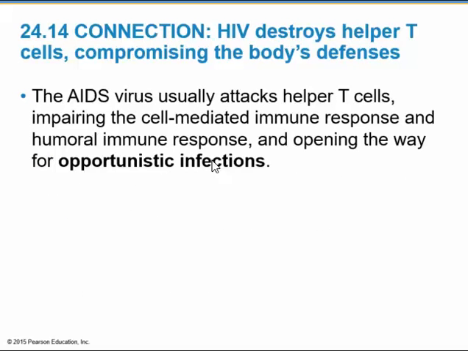Now, the virus that causes AIDS attacks helper T cells. And what happens, it impairs the cell-mediated immune response, it impairs the humoral response. What typically kills the person with AIDS is not the HIV, but opportunistic infections.